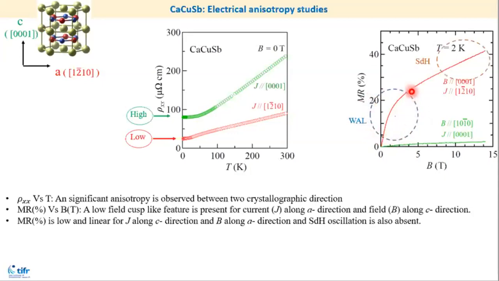At very high magnetic field, you have a linear type of behavior, and it has some oscillatory behavior that I will not go into deeply, something corresponding to SdH oscillation. Now you can look here: it has this cusp-like behavior, which I already explained for the earlier system is known to be weak antilocalization.